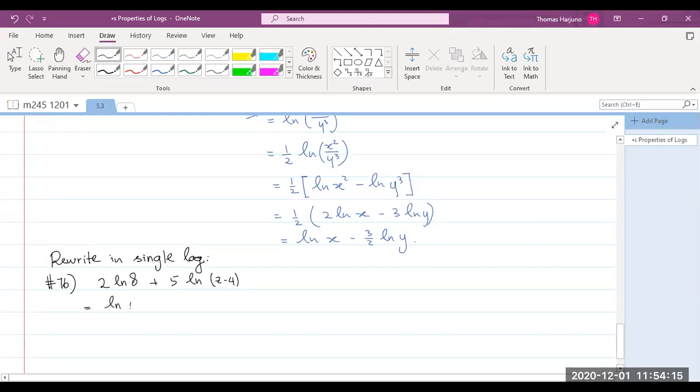I bring the 2 to the exponent of the argument, and I bring the 5 to the exponent of the argument here, right? And then the sum of logs equals the log of the product. Now the thing is, do you think you can do this in one single step? Which I hope you can try doing.